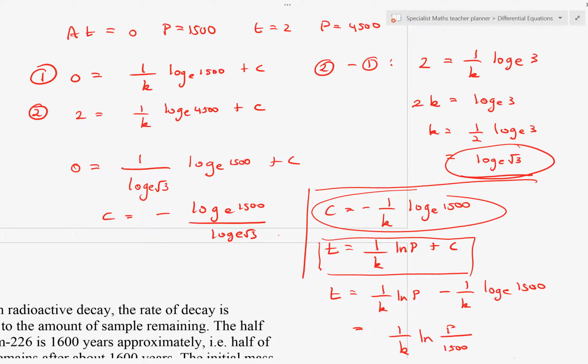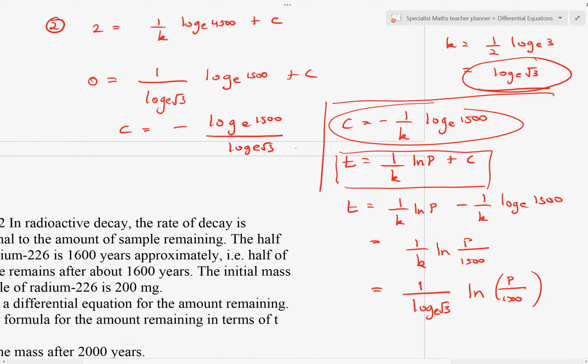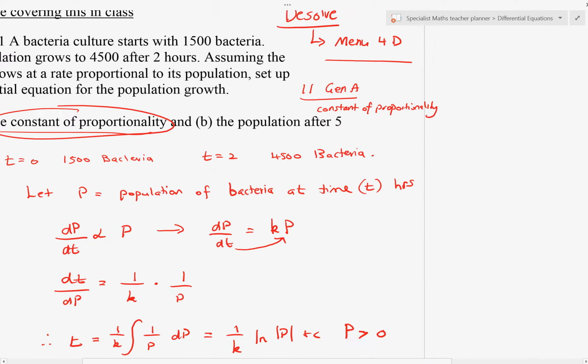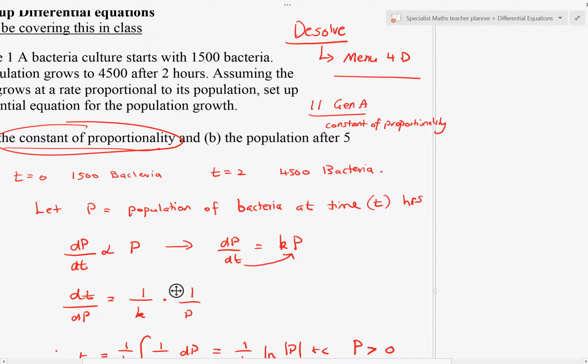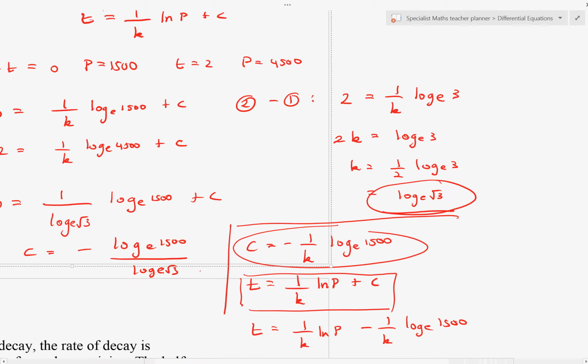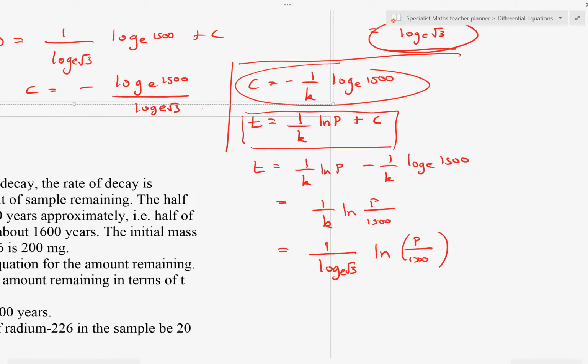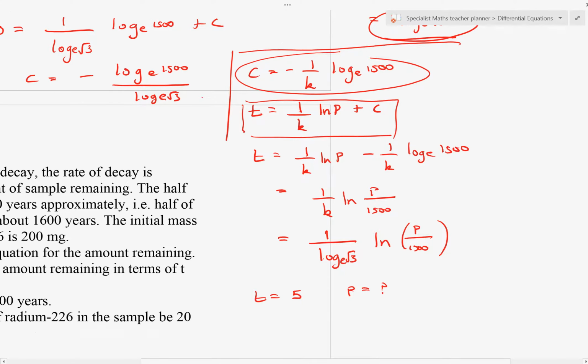Okay, now the question was the population after 5 hours. So the question is now, at t equals 5, what is P? Well, we've got to solve that differential. So let's find that out.